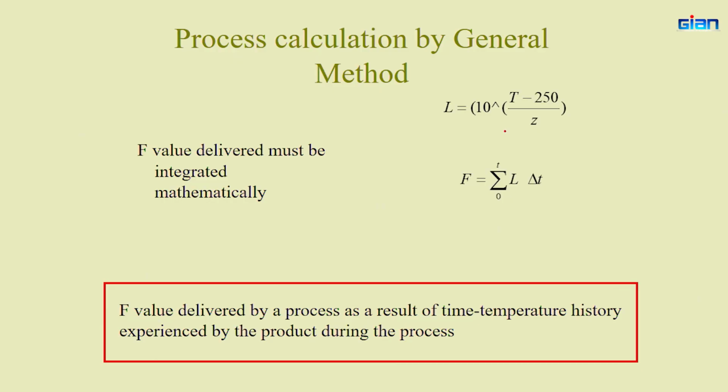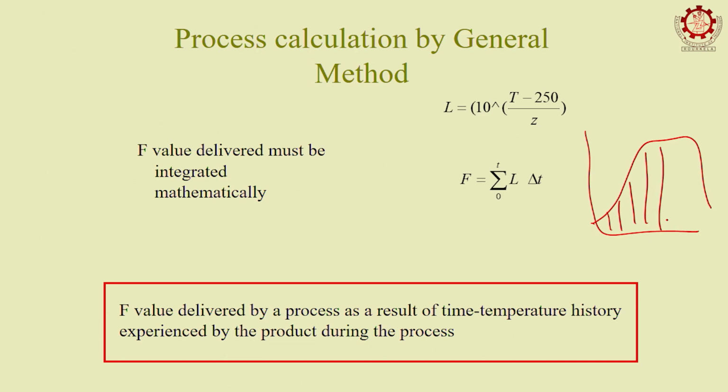So, for that, basically you are going to take that curve and then divide it into small segments, and then you are going to assume what is the microbial lethality happening in that particular section and at what time. So, let us say this is a 1 minute interval, then I am going to calculate this as a 1 minute interval.